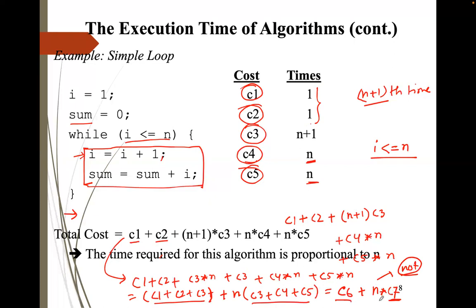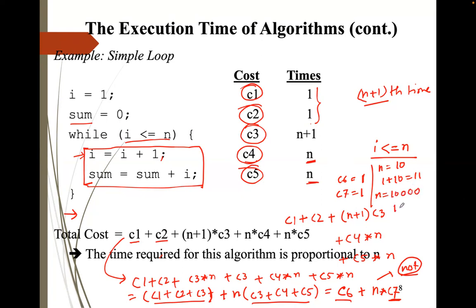Now let's say C6 is a fixed amount of time, let's say 1, and C7 is 1. If n equals 10, our runtime will be 1 plus 10, 11. Now what if our n equals 10,000?